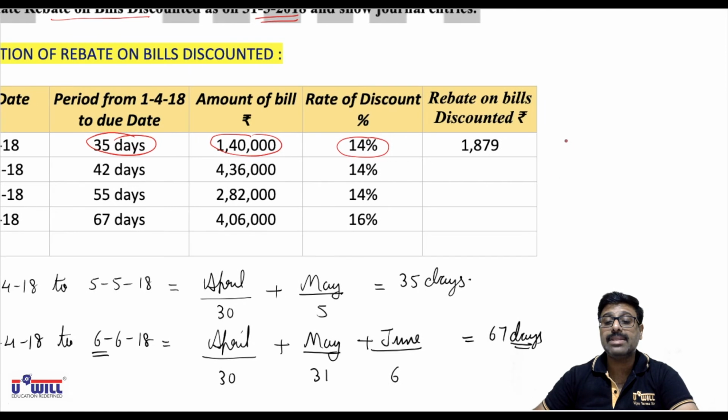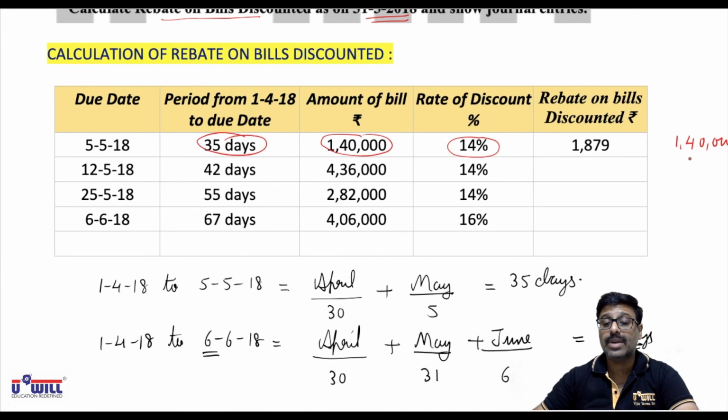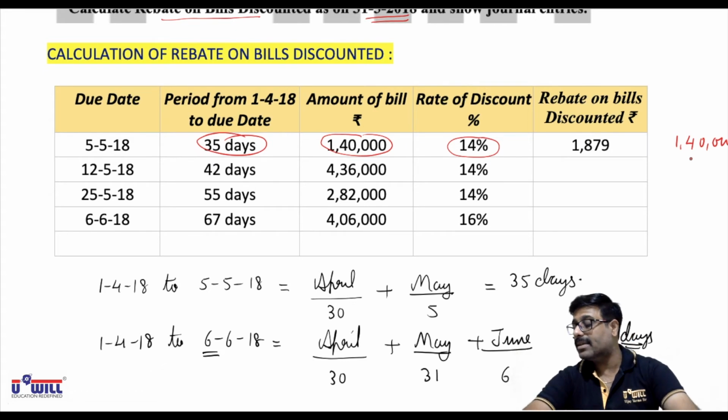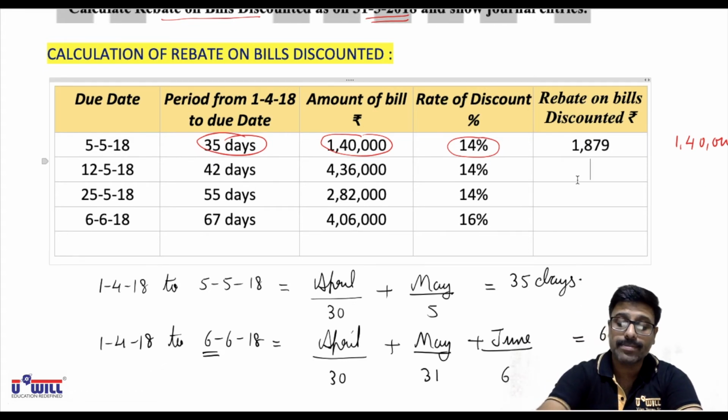This is how we have calculated. Now next one directly we can do it. 4,36,000 into 14% into 42 divided by 365. That comes to 7023.78, means 7024.